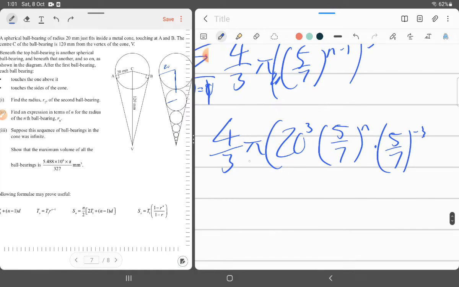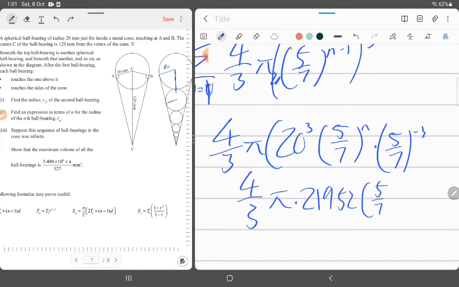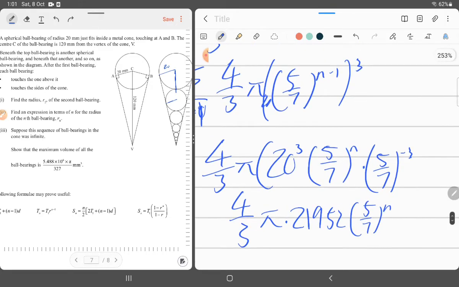So the 3 pi times 21952 5 over 7 n, oh wait, 5 over 7 3 n, is that true?